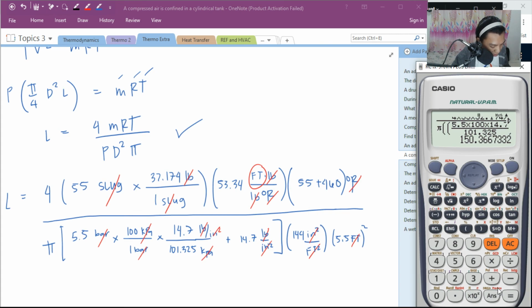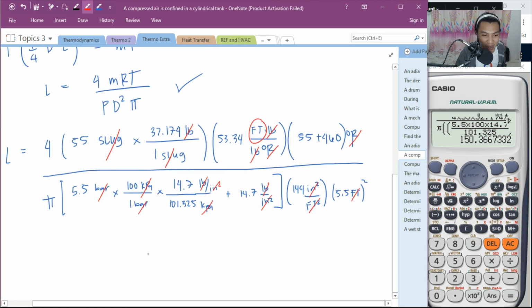That is 150.366 feet. Di ba? It's in the choices. So L, the length of your cylinder, will be equal to 150.3667 feet. It's in the choices.